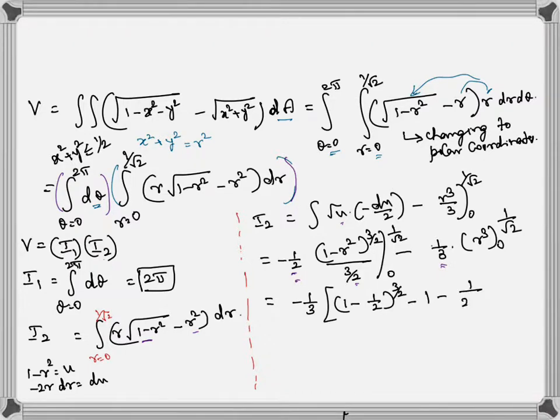By substituting the upper limit and the lower limit, you get negative 1. Then you have minus 1 over radical 2, the whole cube. But we already took the negative 1/3 out, so that makes it positive.